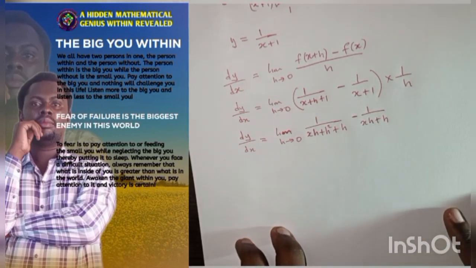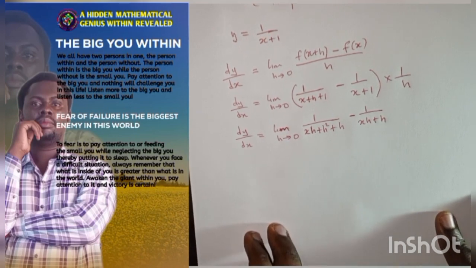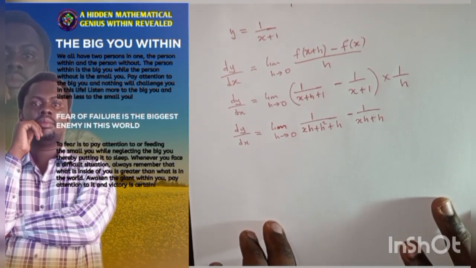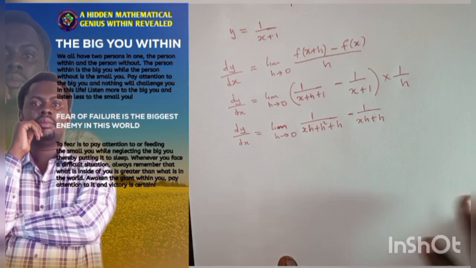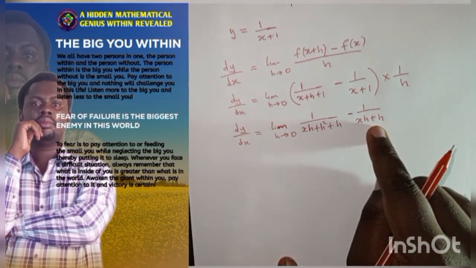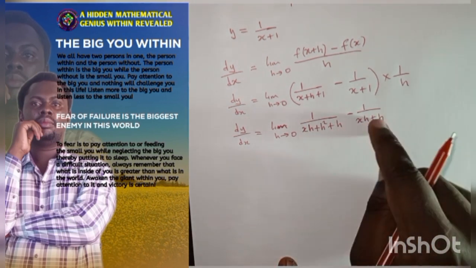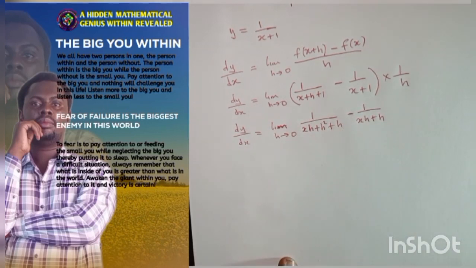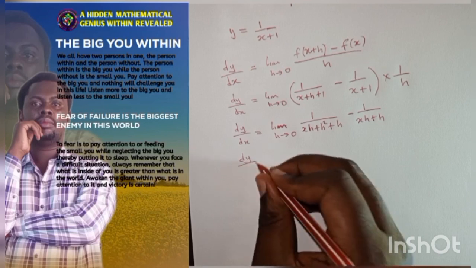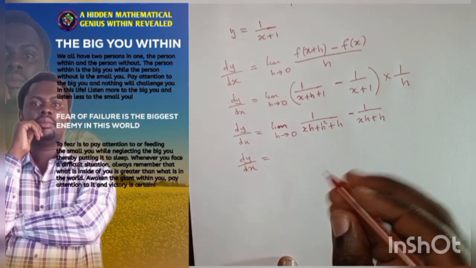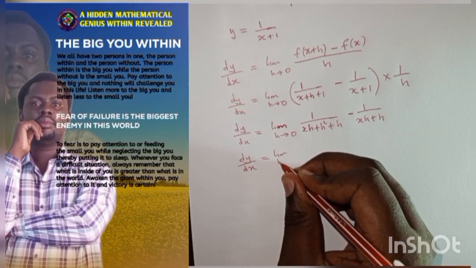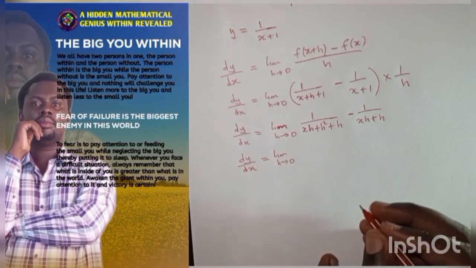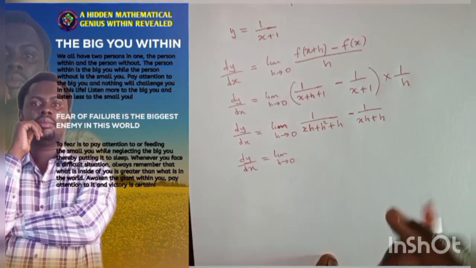The simplest and easiest way of working out fractions is just to multiply the denominators and cross multiply. So we say dy/dx is equal to the limit as h approaches 0 of, so you multiply these two.